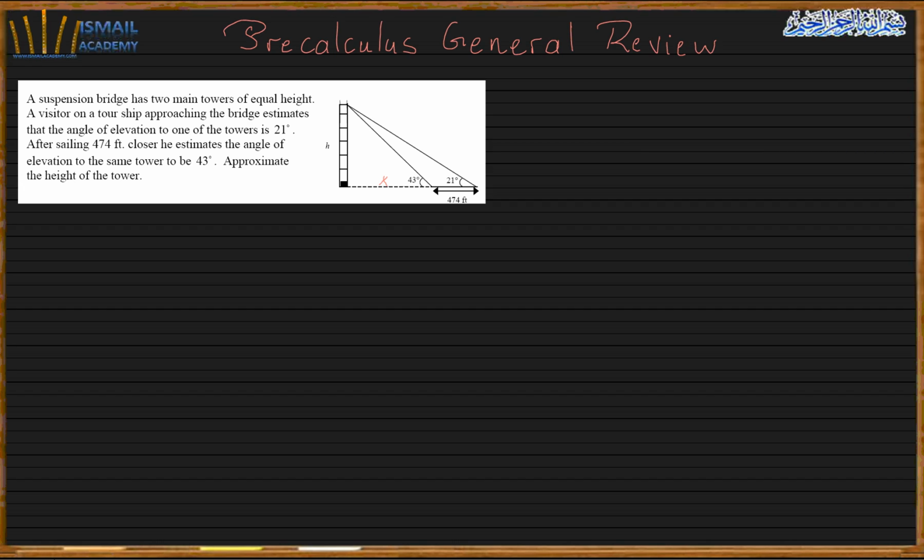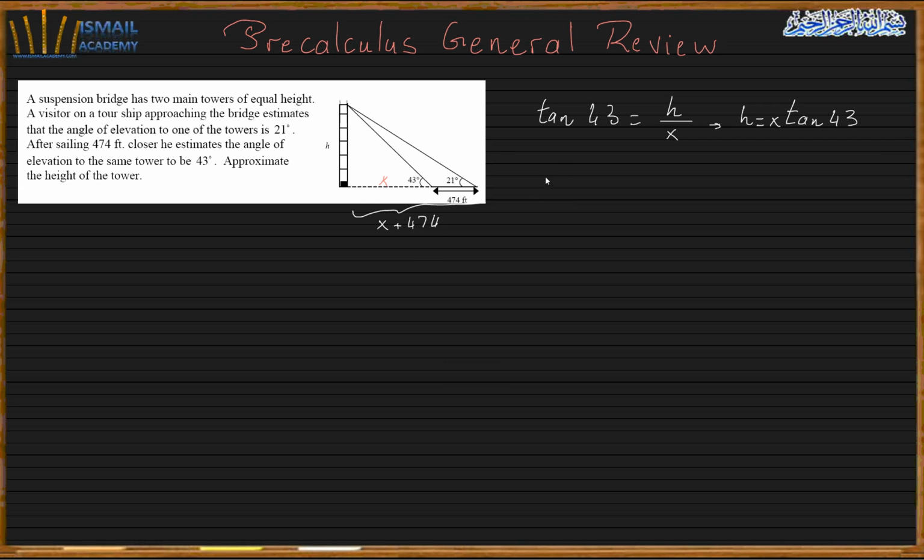The first triangle gives tangent of 43 equals the opposite over the adjacent, which is h over x. Which means h will be x times tangent of 43. For the second triangle, the adjacent is x plus 474.